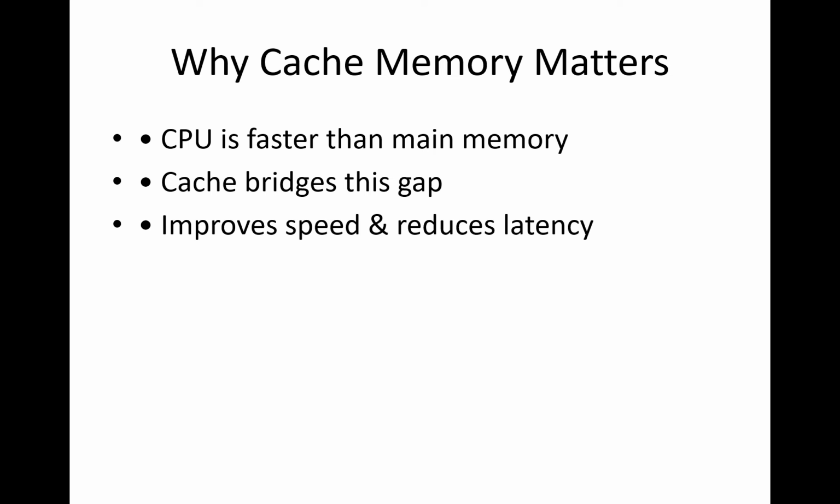So your frequently used data are stored in the cache memory, so that the CPU does not have to wait or fetch instructions directly from the memory. Instead, it fetches the instructions from the cache memory, which helps your CPU work faster.